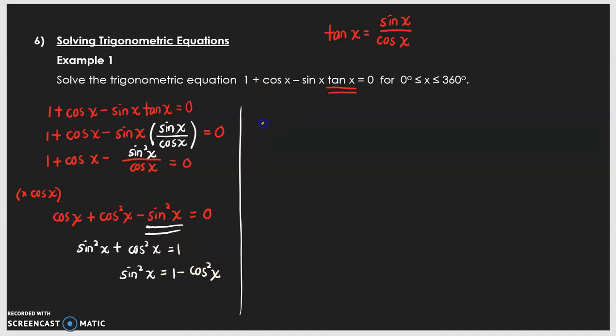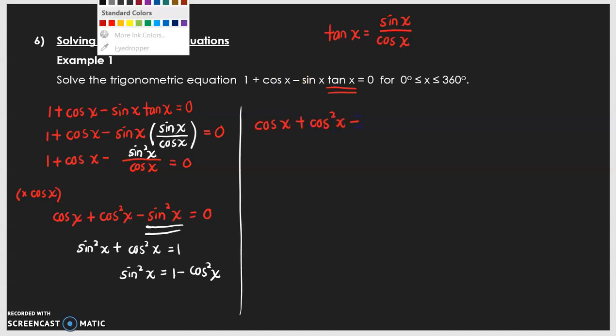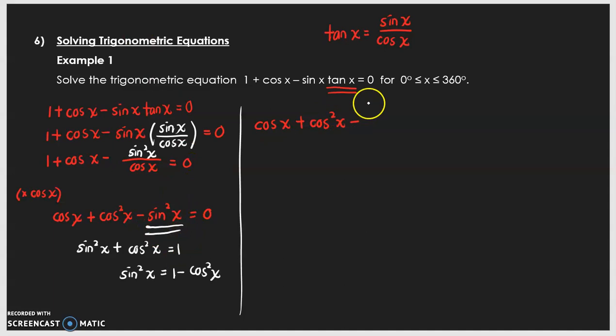So here cos x plus cos squared x minus, from sine squared x, now I change to 1 minus cos squared x is equals to 0.